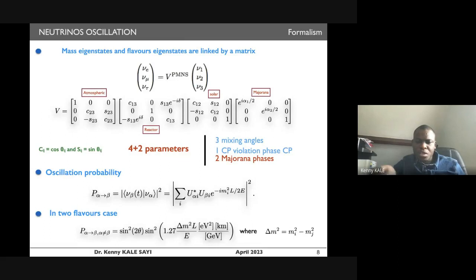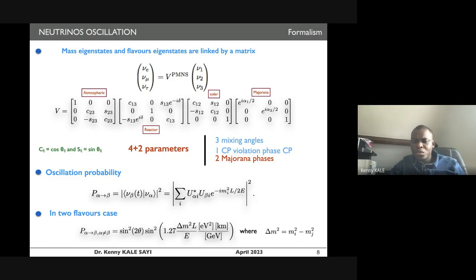And this probability, as you can see, depends on L, the distance, on the energy of the neutrino, and also on the difference of the squared masses of the neutrinos.